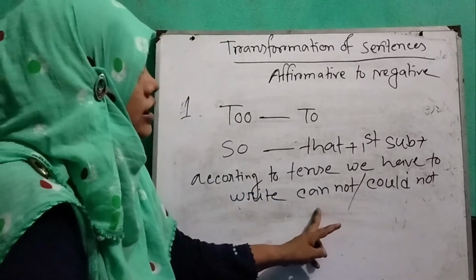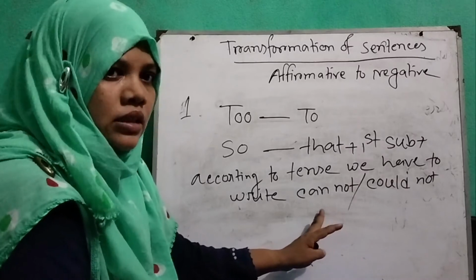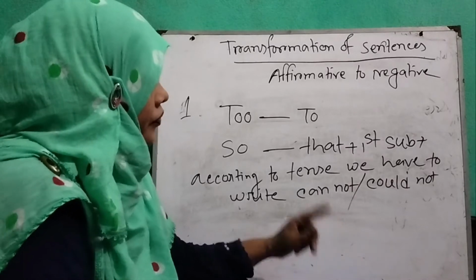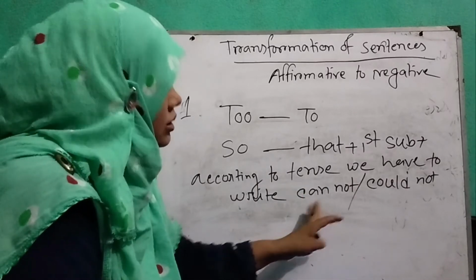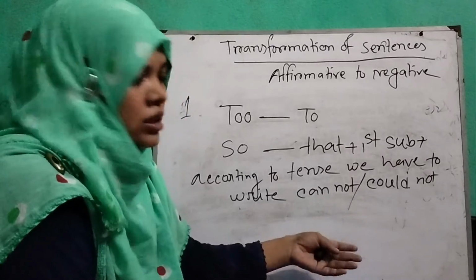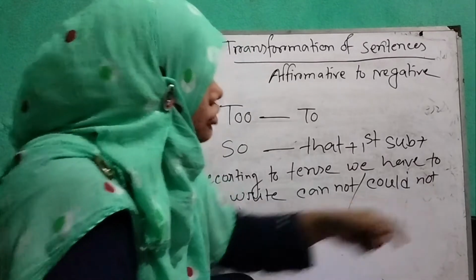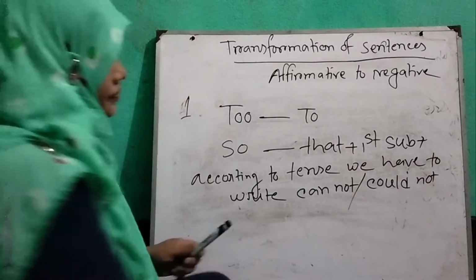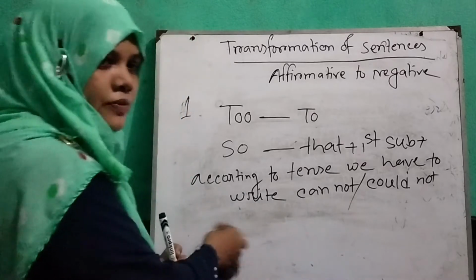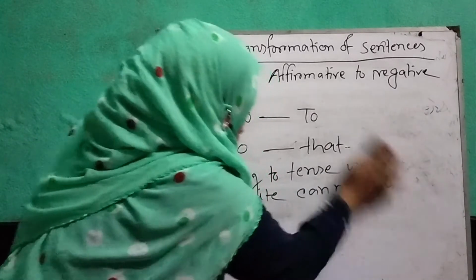If the sentence is in present tense, then we have to write cannot, and if it is in past tense, then we have to write could not. Okay, so let's practice with sentences.